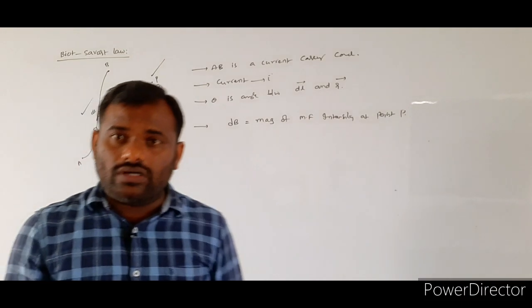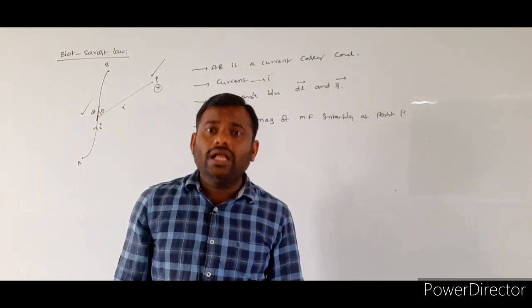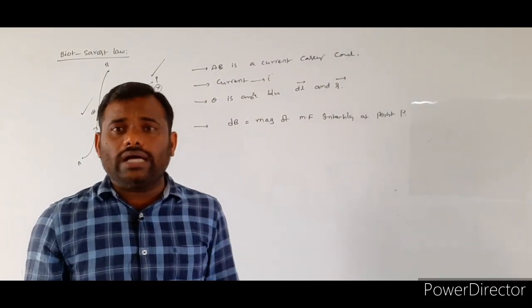So dB is indicating the magnitude of the magnetic field intensity at the point P due to the current flowing through the small element dl.